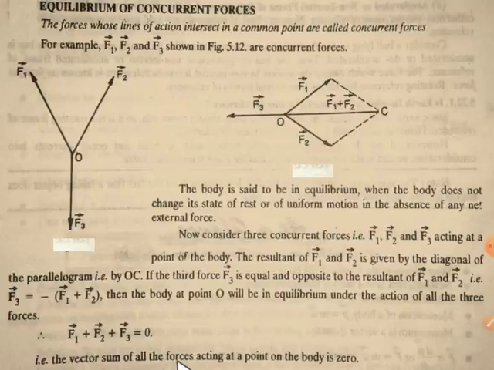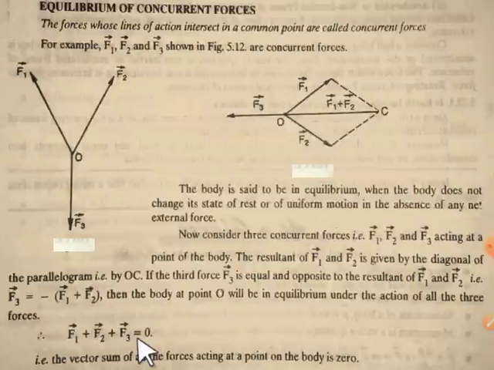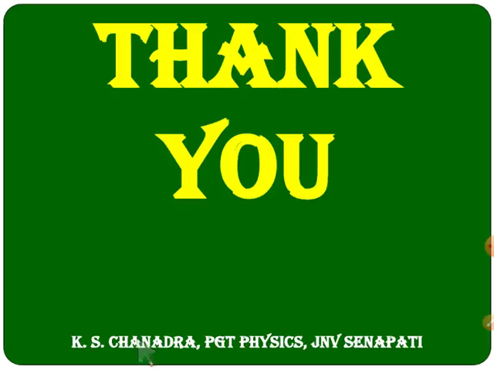If the algebraic sum or vector sum of all the concurrent forces acting on the body is equal to 0, then that is the condition for equilibrium of those concurrent forces. Got it? Had there been four forces, the sum of F1 vector plus F2 vector plus F3 vector plus F4 vector must also be equal to 0. That is the condition for equilibrium of concurrent forces. Got it?